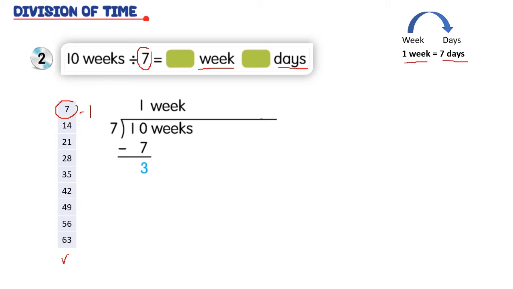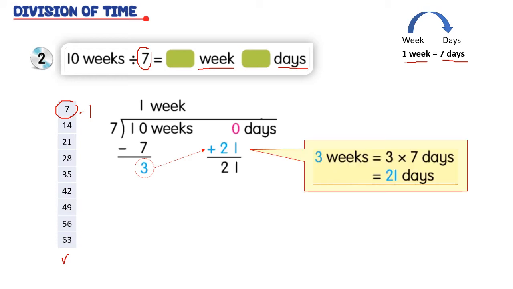Now 3 weeks, so 3 times 7 is 21. So you have to bring 21 like this, and do addition here. 21 plus 0 is 21.